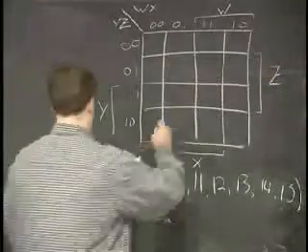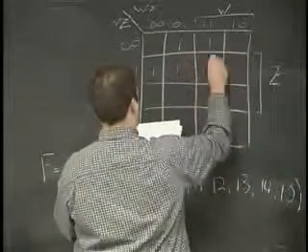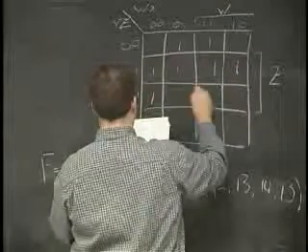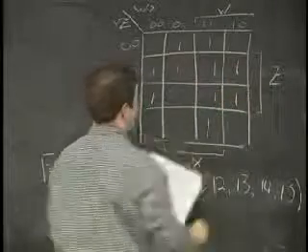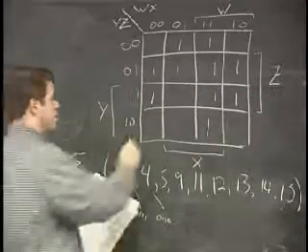So let's fill in our K-map here. Okay. Pretty full. So let's start circling things.